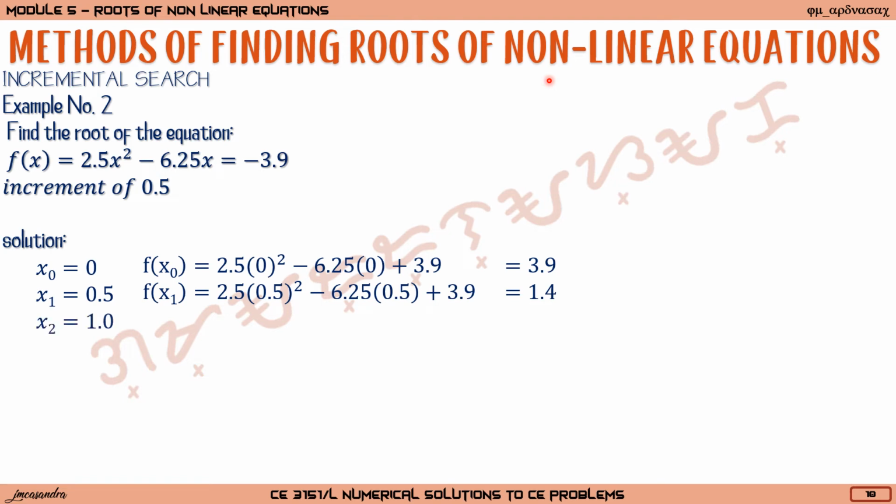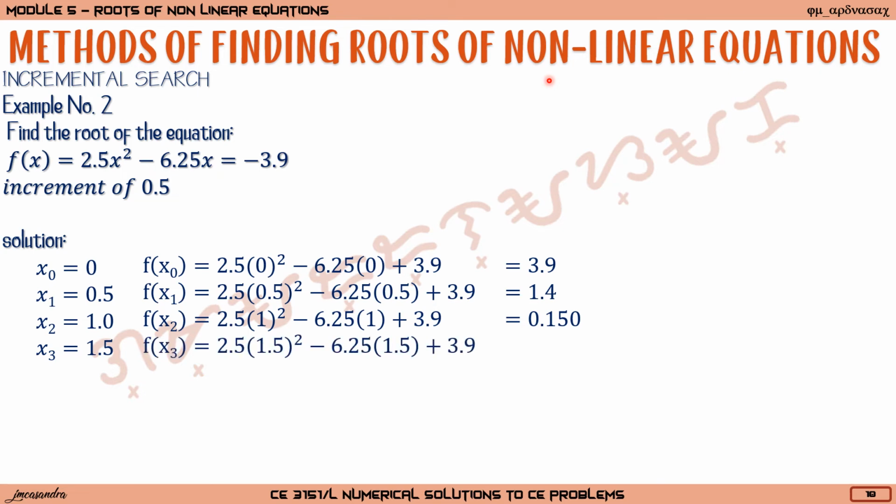So 0.5 plus 0.5, that's 1. Substitute this in our equation, we'll arrive at 0.15. Again, no equal to 0, no change in the sign, so we move on to 1.5, which will give us 0.15 as well.